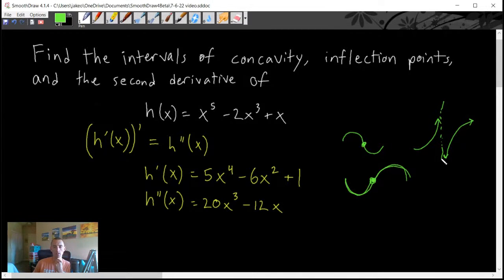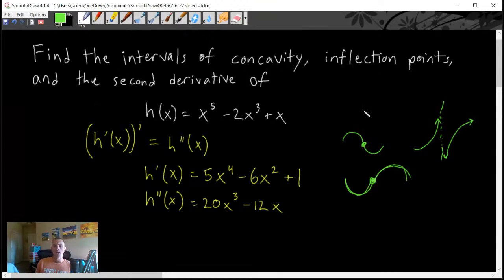It's kind of weird. It basically switches from concave up to concave down, but there's not actually a point on our function at this spot. So in order for something to technically be considered an inflection point, we need our original function to actually exist there. So really we're looking for inflection points specifically within the domain of our original function.